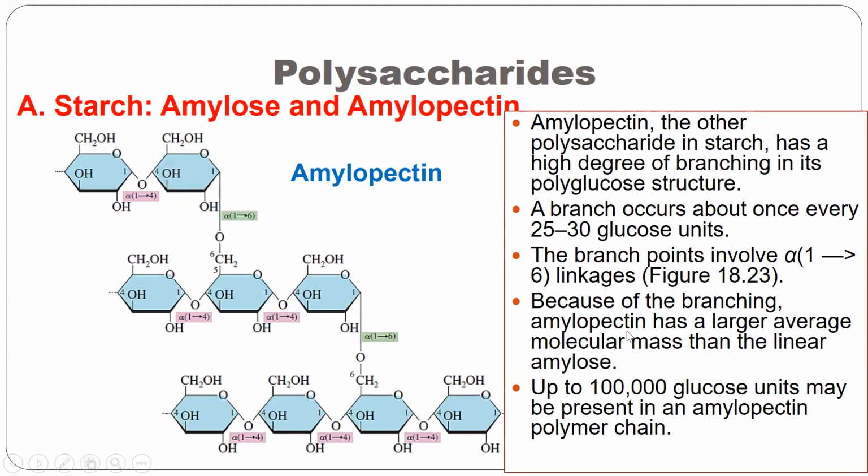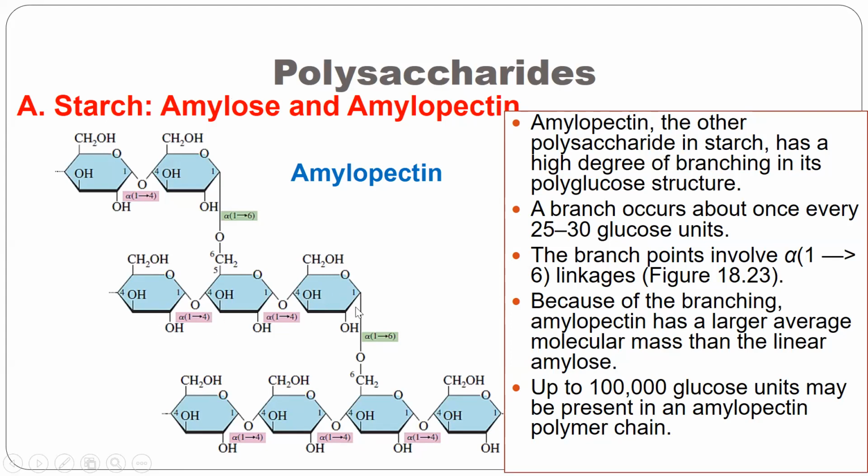Because of the branching, amylopectin has a larger average molecular mass than the linear amylose. So amylopectin is heavier, and up to 100,000 glucose units can be present in a single amylopectin polymer chain.